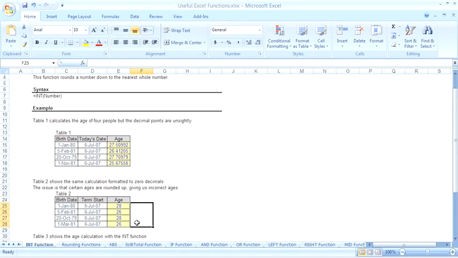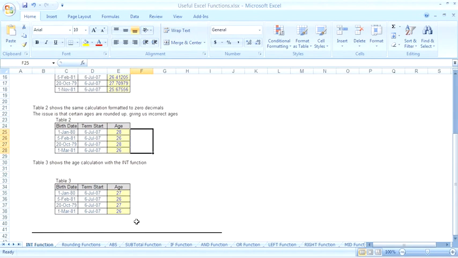So instead of doing that, we can use the int function. The int function allows us to wrap the number in an int formula, and that int formula is going to trim all of the decimal points and only capture the whole number. So let me simplify this for you. I'm going to break this formula down into parts. I'm going to say first equals today's date minus the birth date.